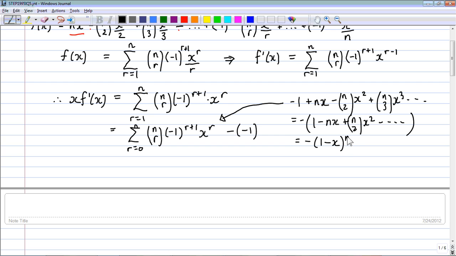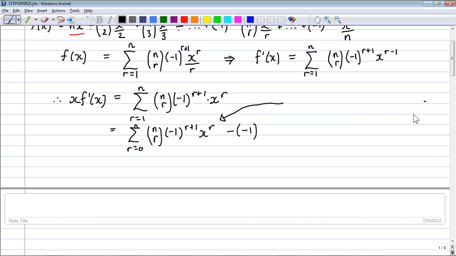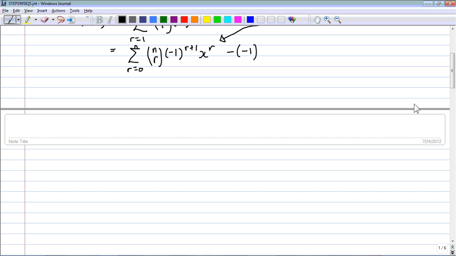Okay, so having verified and double checked that it is what we think it is, we're getting that the series is minus 1 minus x to the n, according to the binomial theorem. So minus 1 minus x to the n minus minus 1, so that's plus 1.